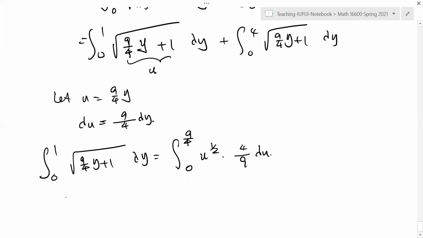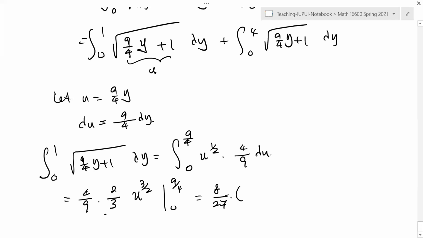All right, so I take the constant out. The antiderivative of u to the 1/2 is u to the 3 over 2, so I should put 2 over 3. So here's 4 over 9 times 2 over 3, 27 and 8.